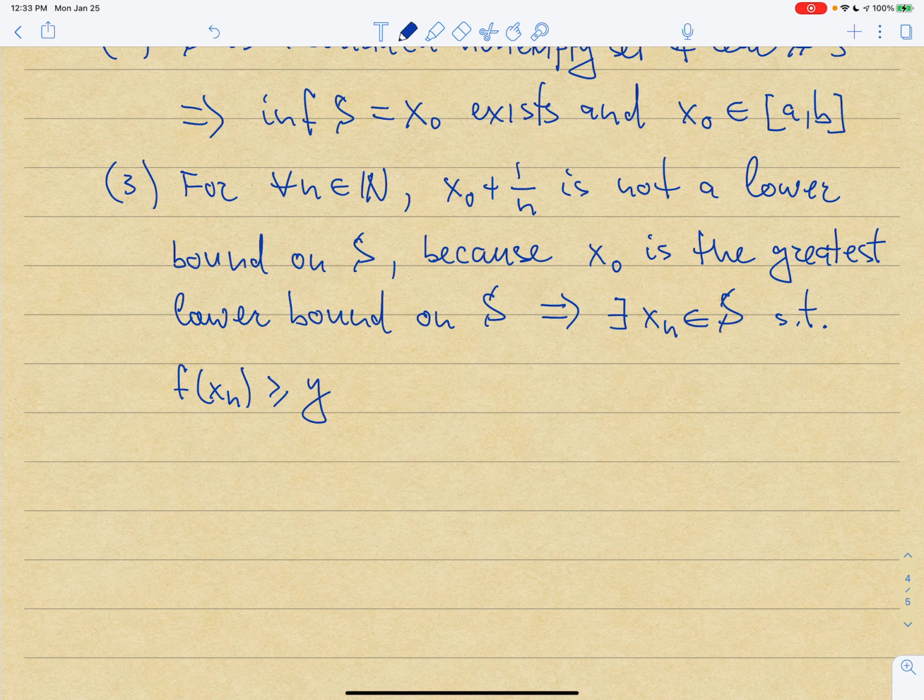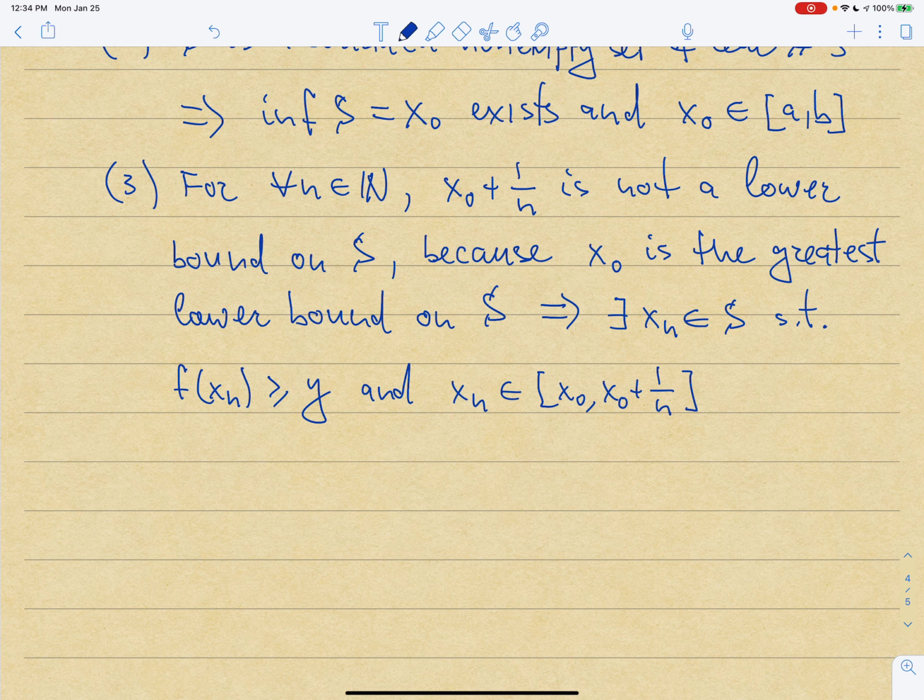Because if xn is in S, then the value of the function at xn must be greater than y. And xn belongs to the interval from x0 to x0 plus 1 over n.